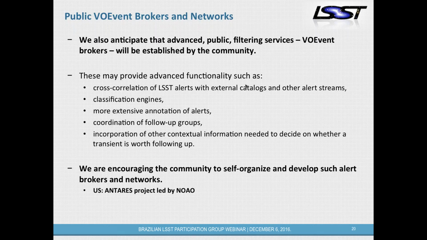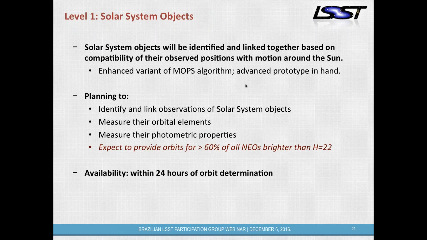The other thing that Level 1 is going to deliver are solar system objects. Solar system objects will be identified and linked together based on the compatibility of their observed positions with motions around the sun.